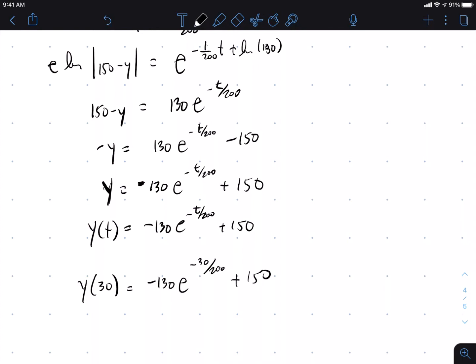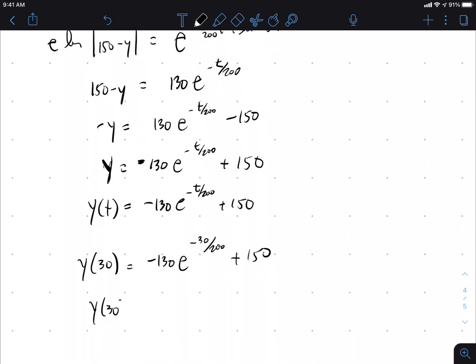I'm going to need a calculator. So negative 130. Where is my E on this thing? E of negative 30 over 200 plus 150. I get 38.108.